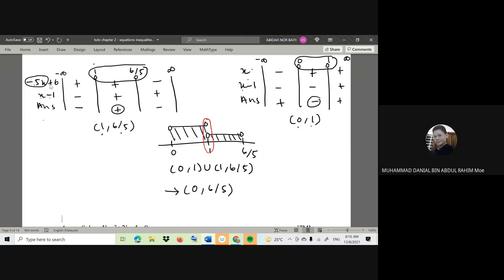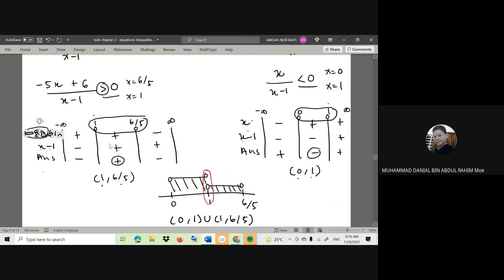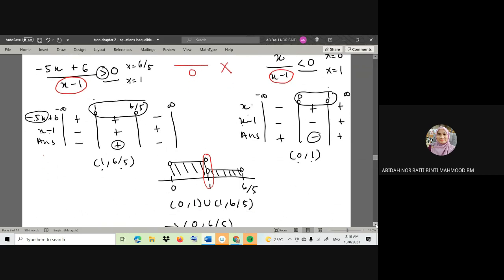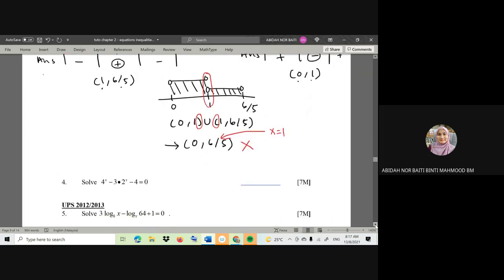Not included, excluded. Why is 1 excluded? Because 1 is the value of the denominator. That is why it is excluded. It cannot be included, otherwise the denominator becomes 0. So, cannot. This answer cannot be used. It is wrong, because it means 1 is included, 1 is in this. Actually it is not allowed. We must remove 1, exclude 1, because 1 is the value of the denominator. Okay?